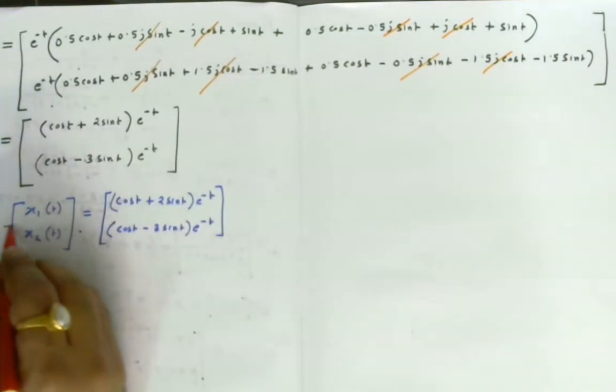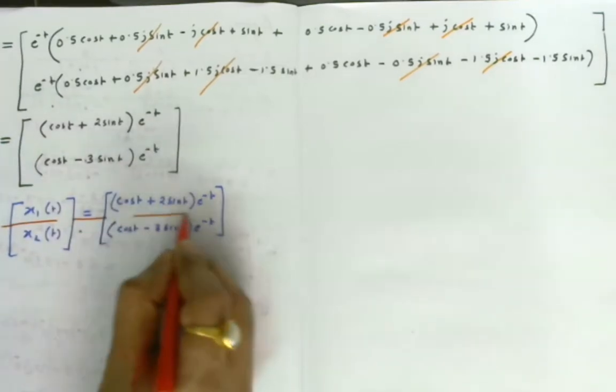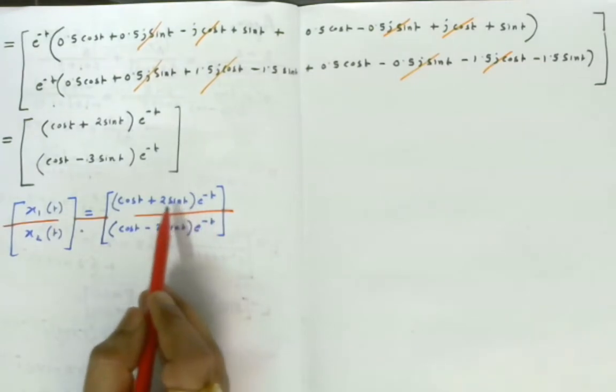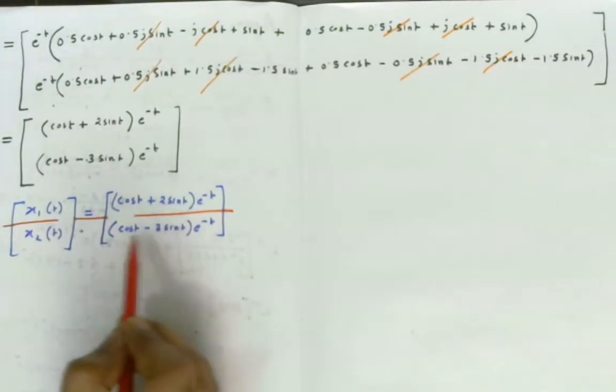Now if you decouple this state equation, you can see this is the solution: x1(t) is the solution of this, and x2(t) is the solution of this.